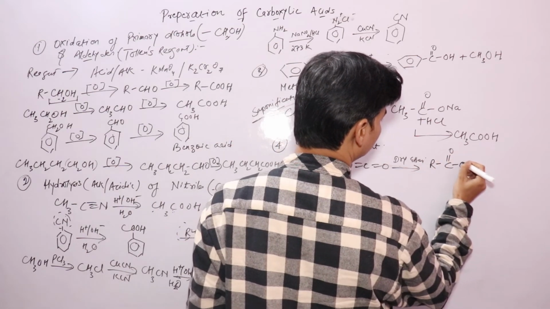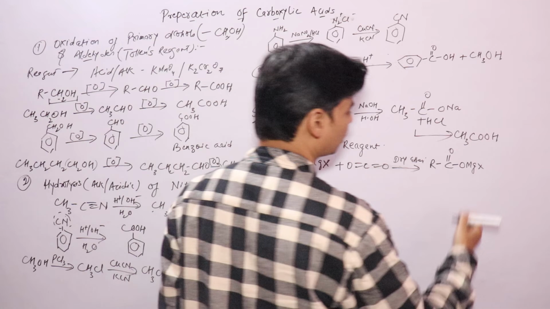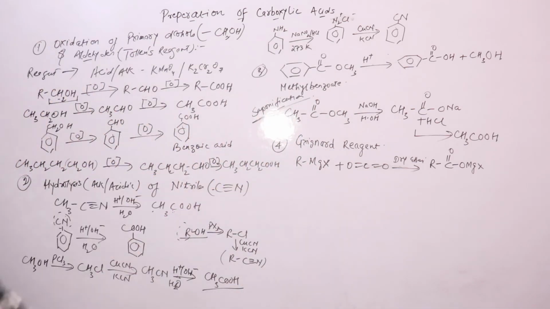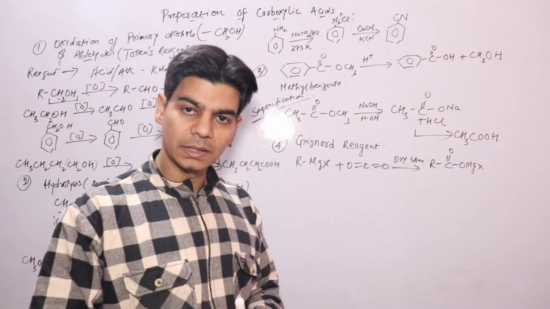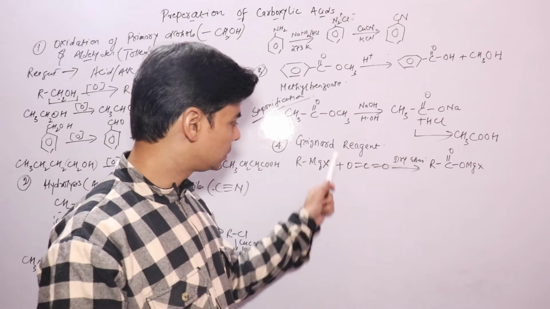It will form this addition product in the presence of dry ether. Make sure you understand why dry ether is required here. We have done this before also, about why we maintain dry conditions when we use Grignard reagent.